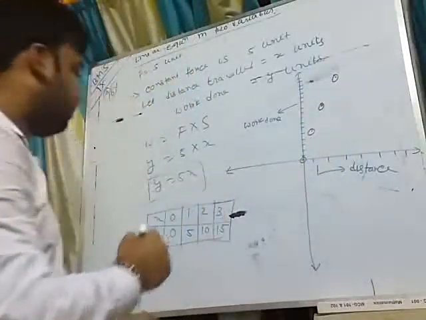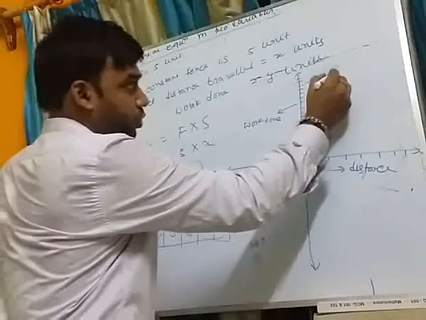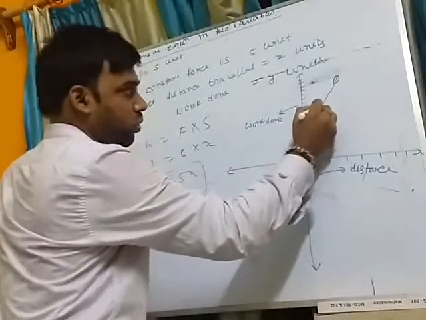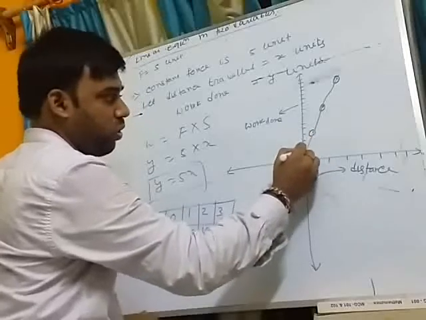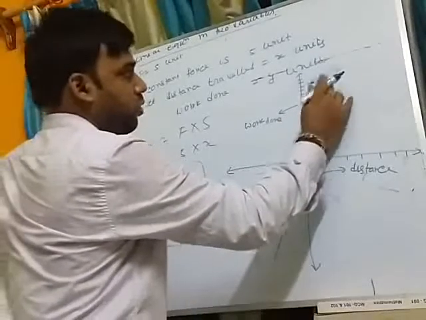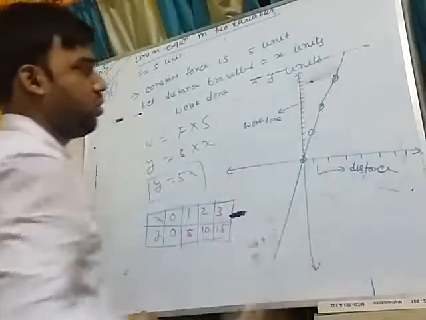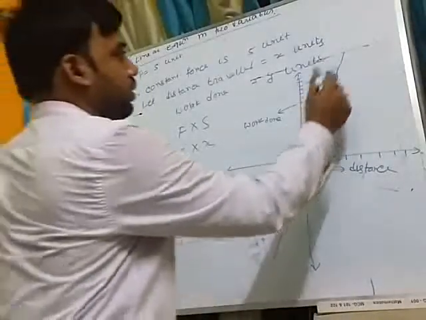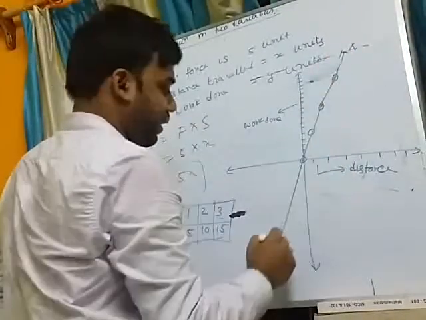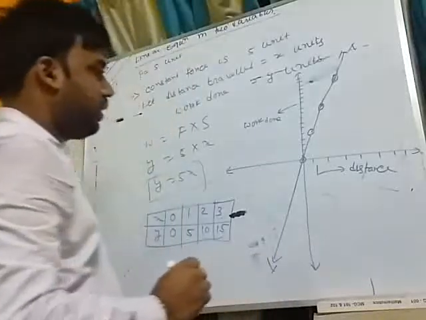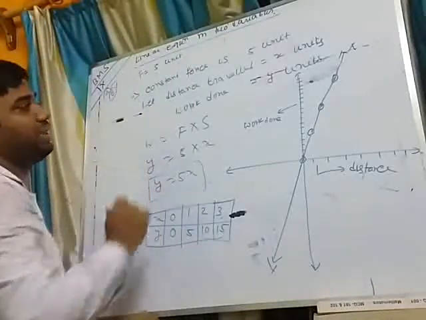Okay, and the fourth step, plot the points and join the points. Okay, so that line XY is the required graph of question number 6.